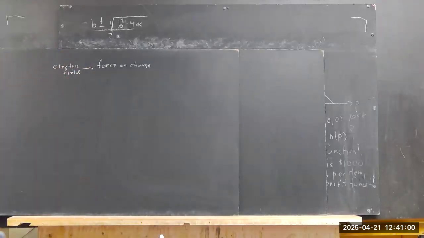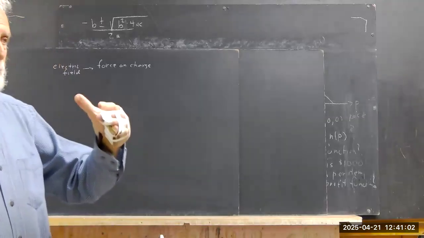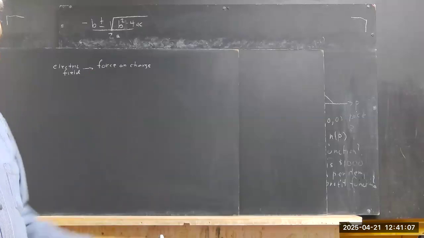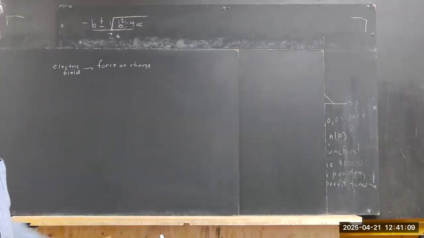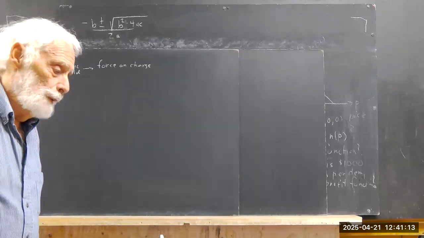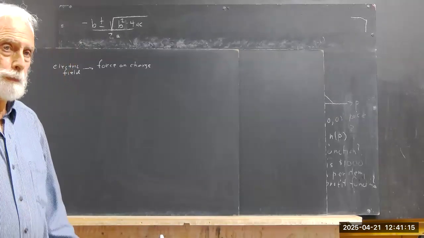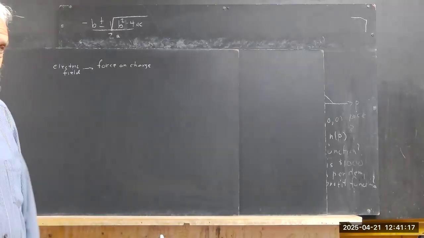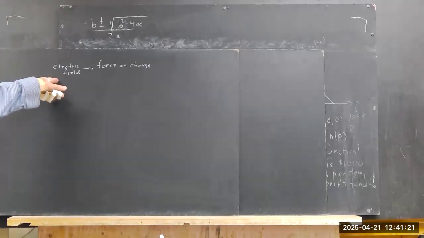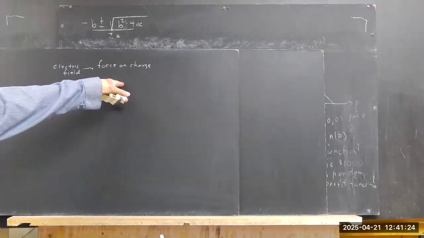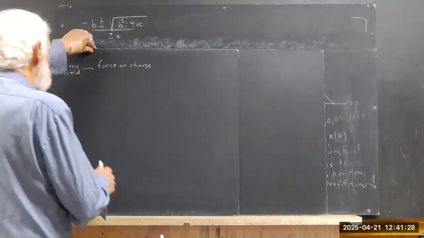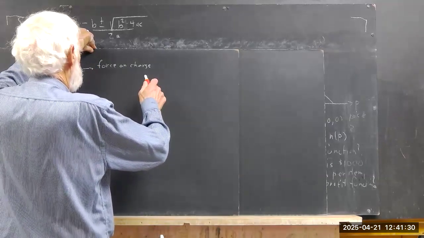Now, the first time you saw electric field, it was in relation to a point charge and then line charges and cylindrical charge distributions and Gauss's law and all that stuff, okay? But you also know you can get an electric field by changing a magnetic field, okay? So in general, we just say electric field gives you force on your charge, okay?